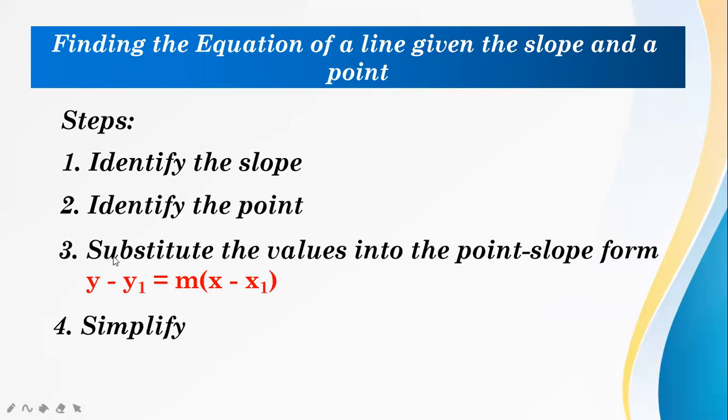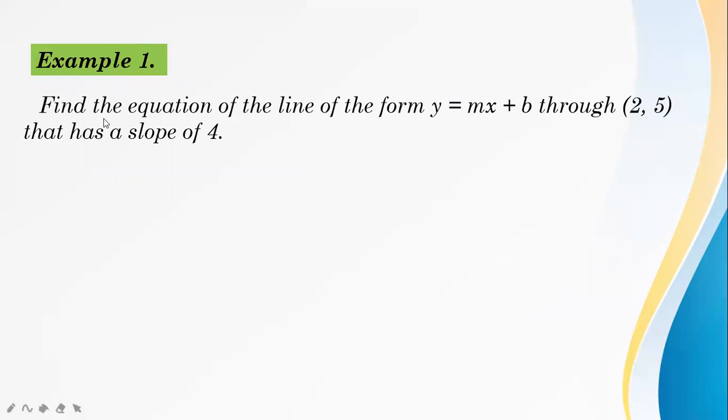Step number 3, substitute the values into the point slope form, y minus y sub 1 equals m, the quantity x minus x sub 1. And number 4, simplify if needed.